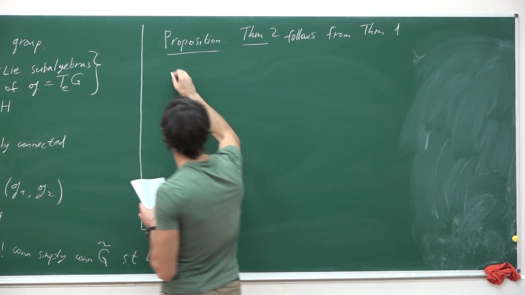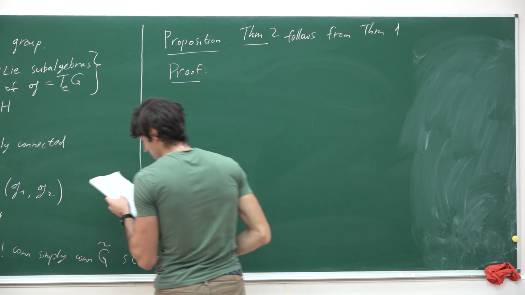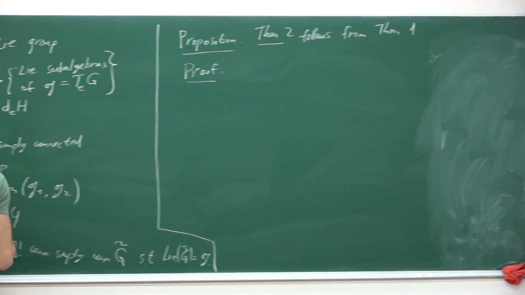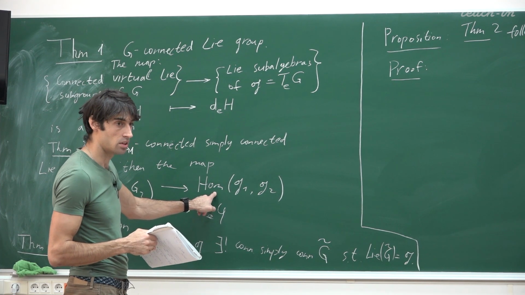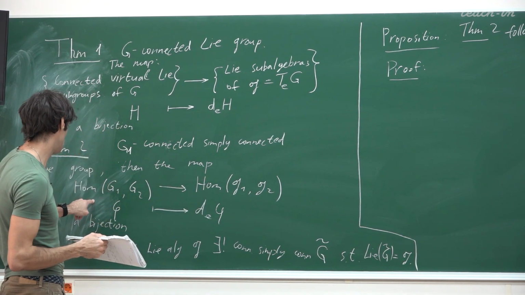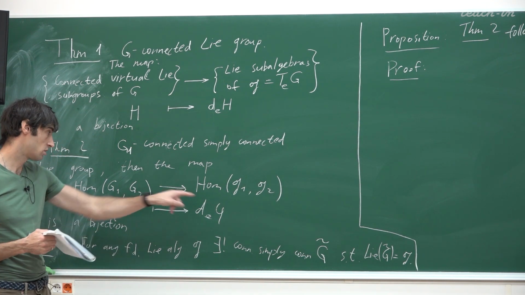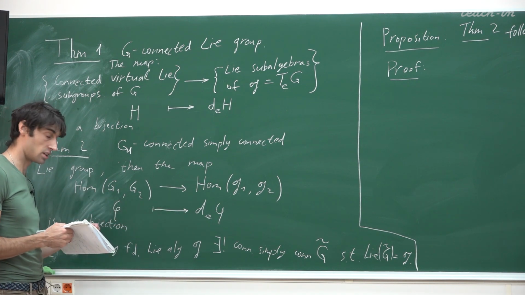Proof. All right, so what should we take? We should take some homomorphism between Lie algebras and construct a homomorphism between Lie groups such that its differential is what we started with.